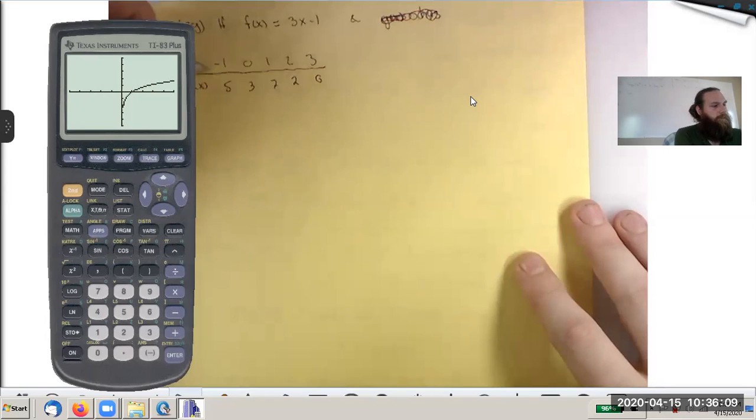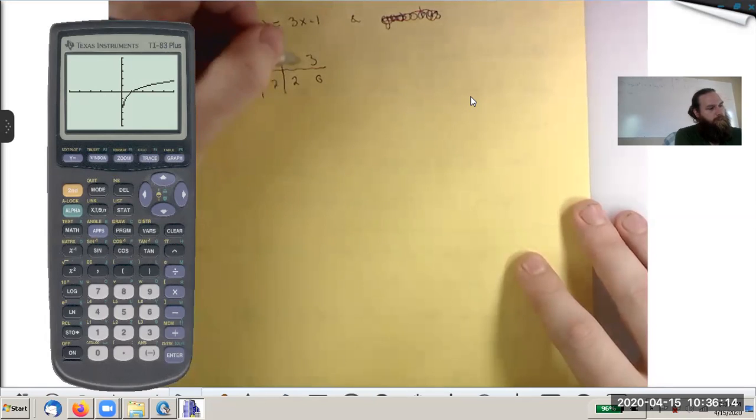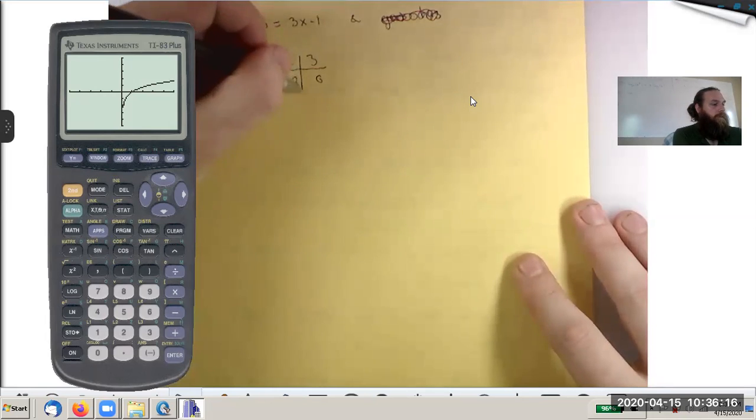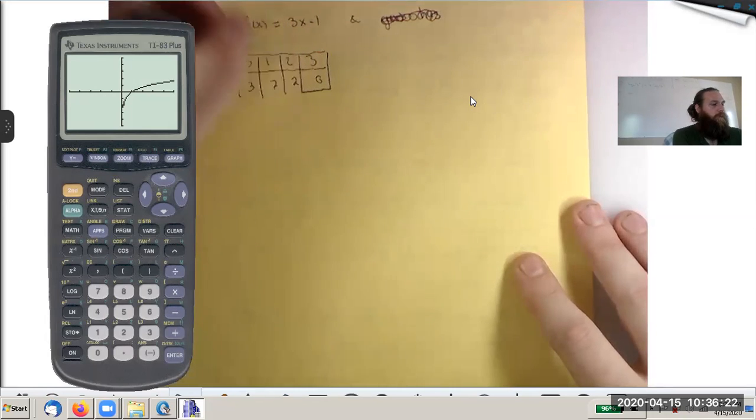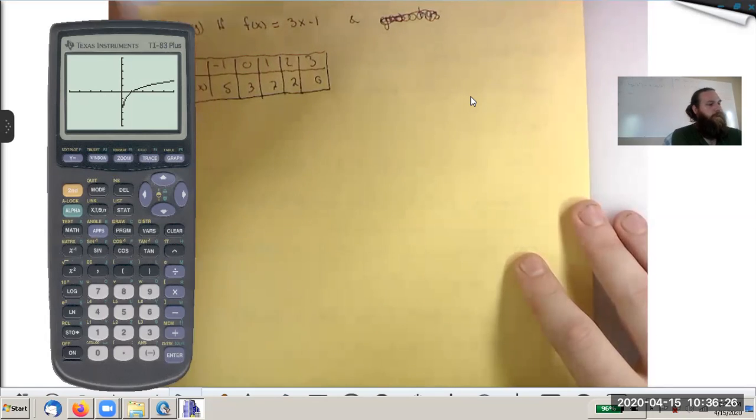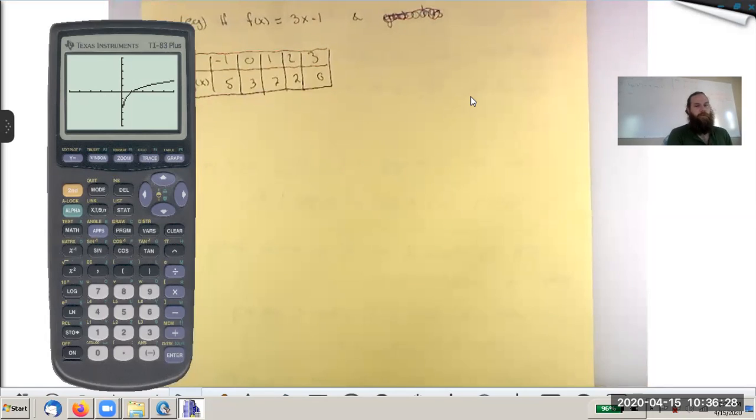Right, so here I give a formula for f of x and a table for g of x. I could ask you if either of these functions are one-to-one. I could ask you to find the inverse of either of these functions.